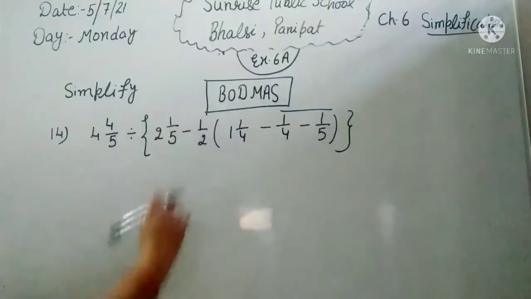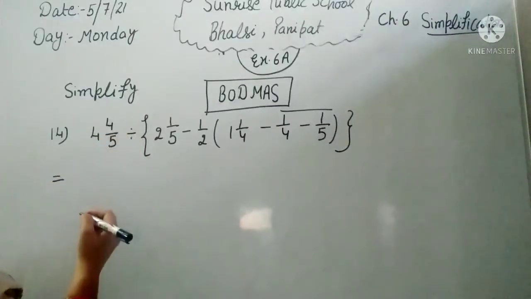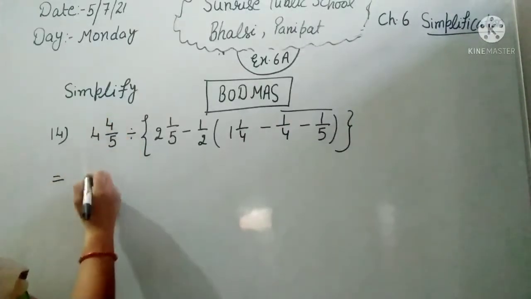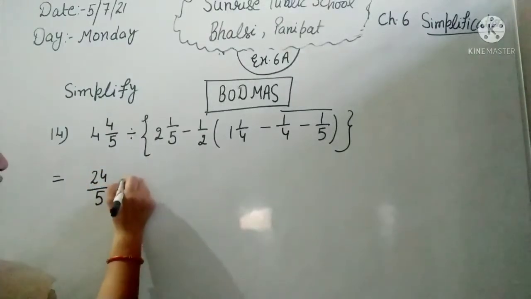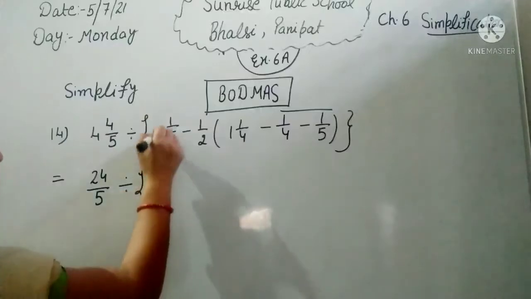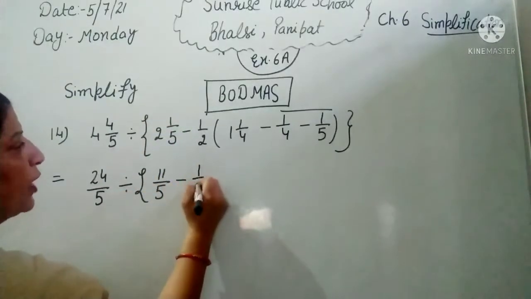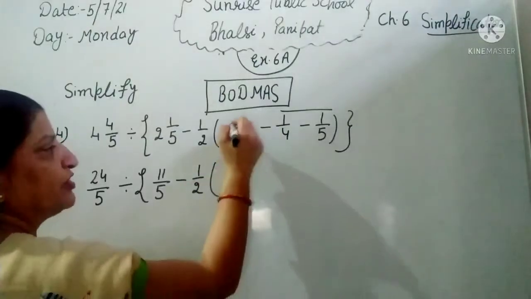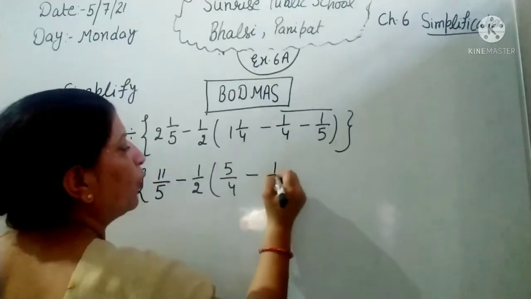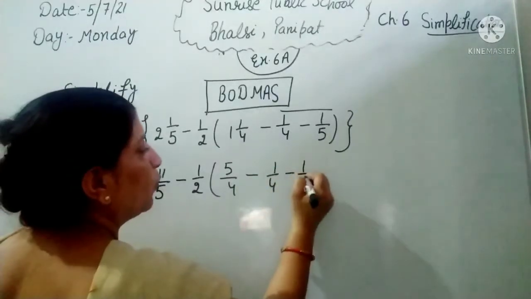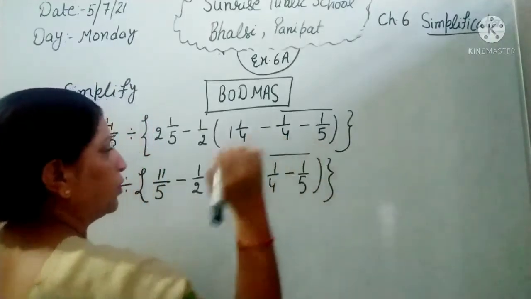Now the question is in mixed fractions, so our first step is to convert them into improper fractions. 5 4s are 20, 20 plus 4 is 24 by 5 divided by 5 2s are 10 plus 1 is 11 by 5 minus 1 by 2, 4 1s are 4 plus 1 is 5 by 4 minus 1 by 4 minus 1 by 5, small bracket close and curly bracket close.